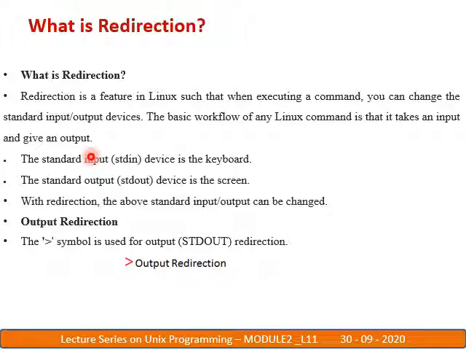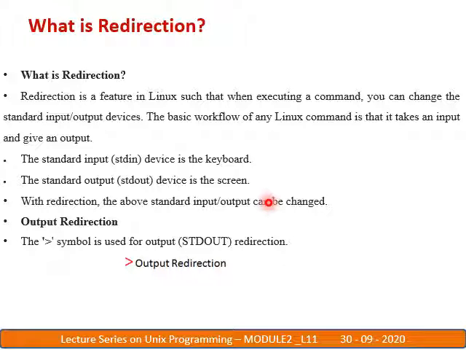With redirection, the standard input and output can be changed. As a normal flow, the command is given at the command line prompt. When the user presses enter, the command is processed and the output is automatically displayed on the screen.